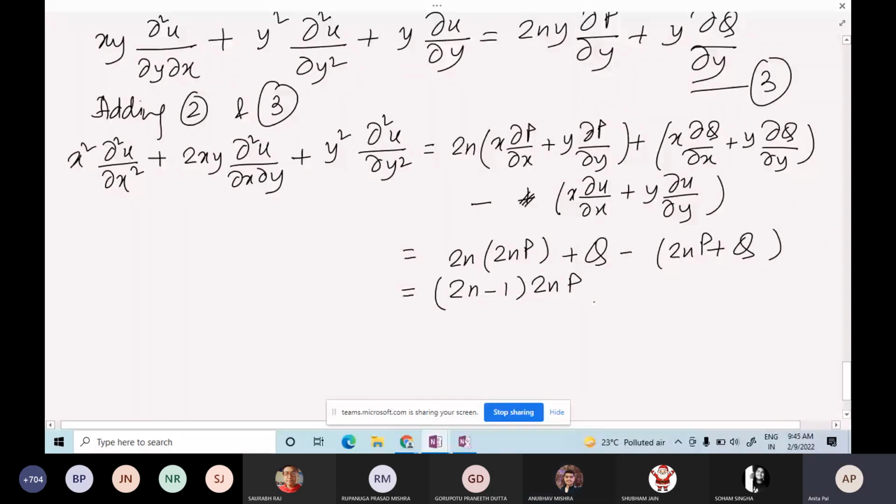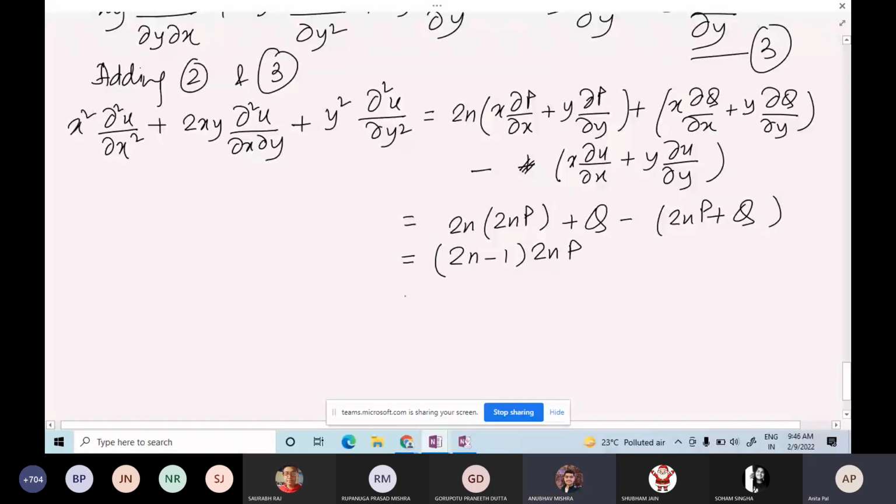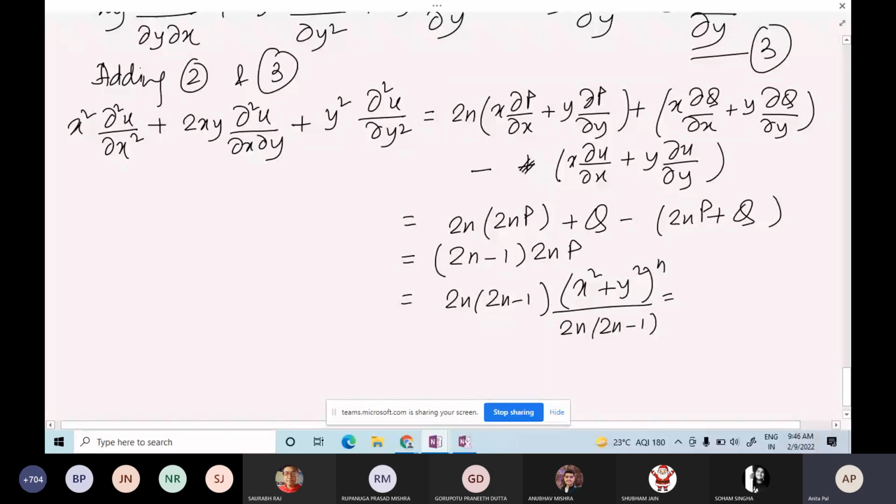If you put the value of p, we will have 2n minus 1, x squared plus y squared to the power n, so this will get cancelled. We'll have x squared plus y squared whole to the power n. Hence proved. This is what they have asked to prove.